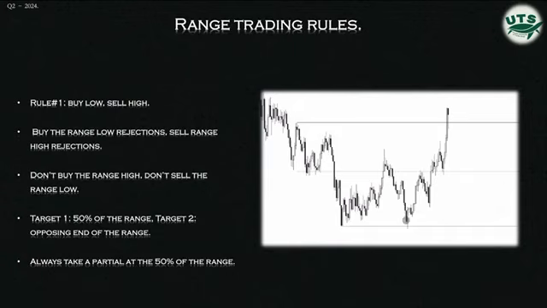You want to buy inside of this range of this candle. And target one is the 50%. Usually when range trading, at target one you'll find some sort of rejection before flipping it and then using the 50% as a level to jump and break out of the range.